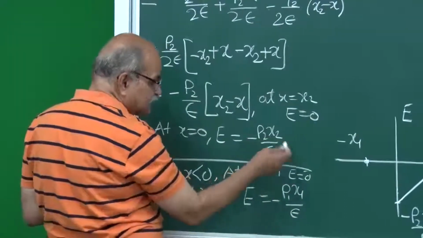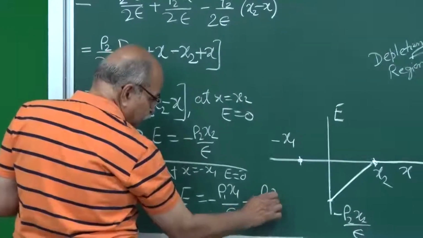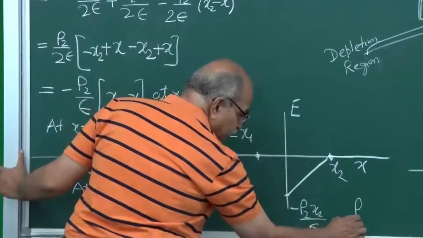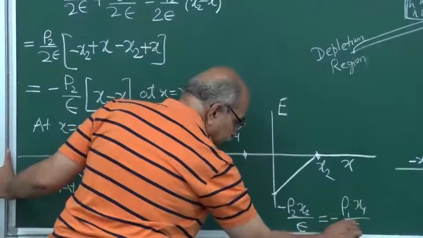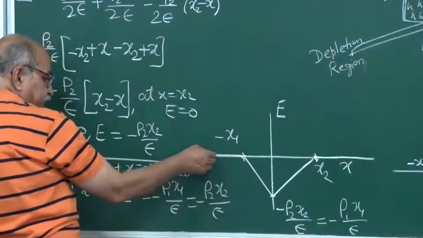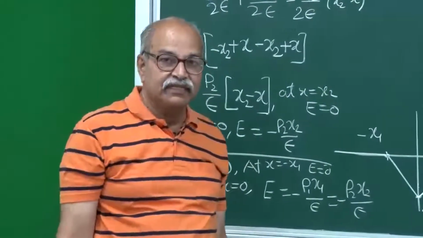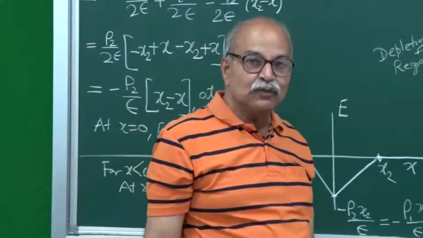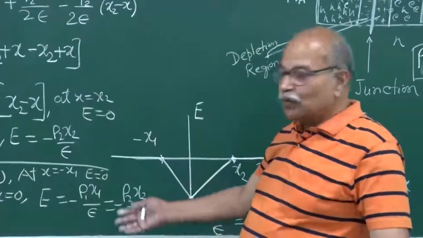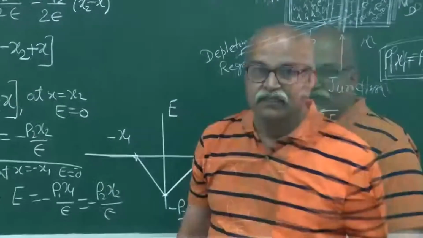But it's the same as this because rho 1 x1 is equal to rho 2 x2. So the electric field will be like this. It will be linear in the two regions. Depending on the dopant density, you will have a certain slope of this E versus x line here and here.